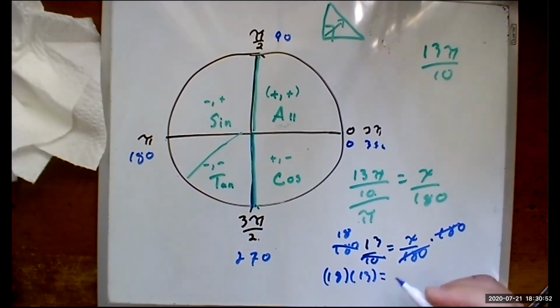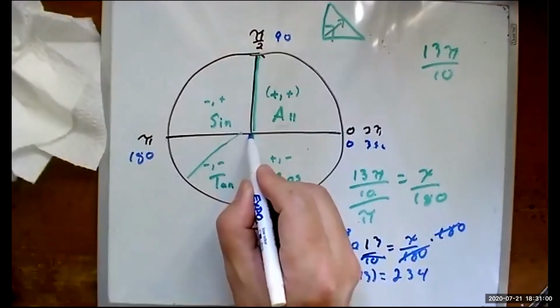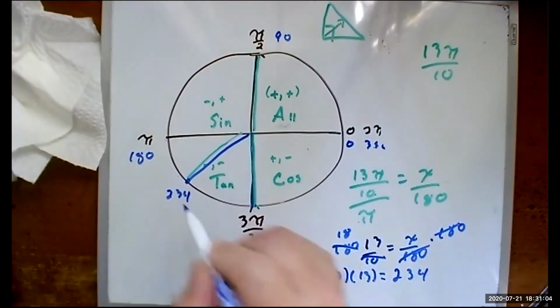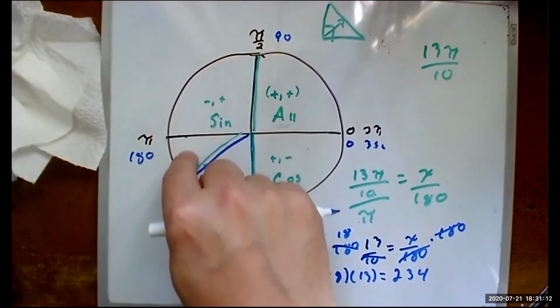On your calculator, that comes out to 234. So 234 is somewhere in here. I'll say 234.